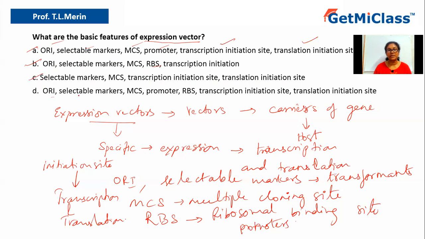Option D says ORI, selectable markers, multiple cloning sites, promoters, RBS, transcription initiation site, and translation initiation site. So this has the maximum characteristics of an expression vector, and hence this should be our correct answer, because all the important characteristics have been mentioned, whereas in the other options, one or another characteristic is missing. So the correct answer should be option D.